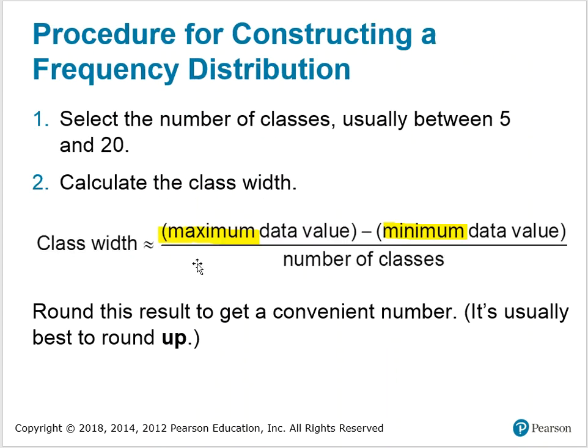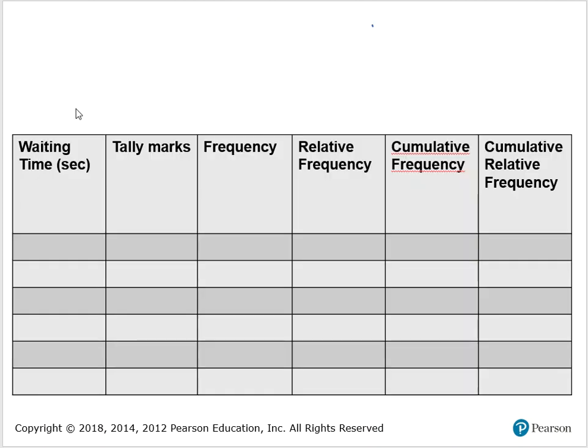So the next thing we're going to do is our class width. I want to do the maximum number minus the minimum number and divide by 5 because I've determined to do 5. So when I was looking throughout the data, and you can do this too, I found an upper number of 308. That was the highest value I saw. The lowest value I saw was 83.